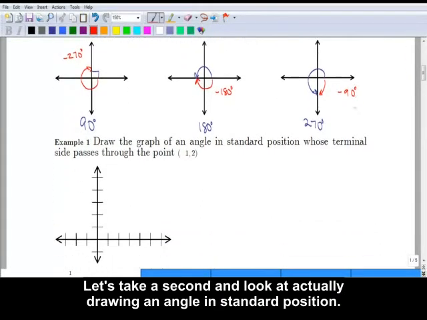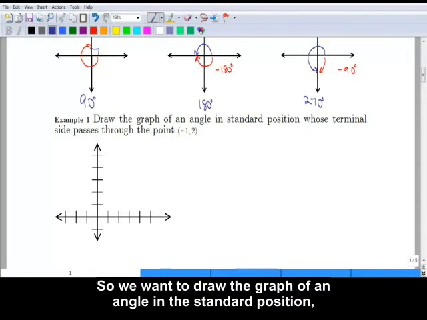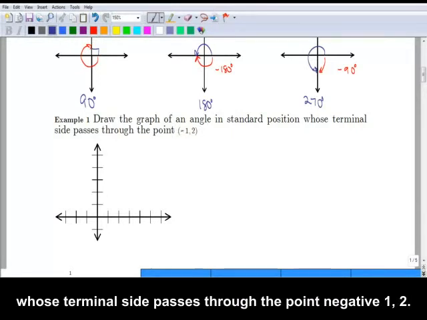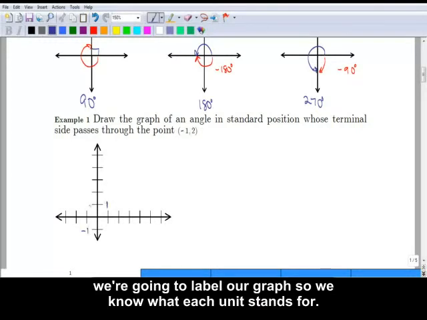Let's take a second and look at actually drawing an angle in standard position. So we want to draw the graph of an angle in standard position whose terminal side passes through the point -1, 2. So all we're going to do here is first we're going to label our graph so we know what each unit stands for.